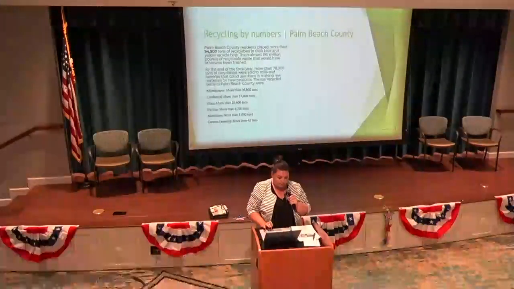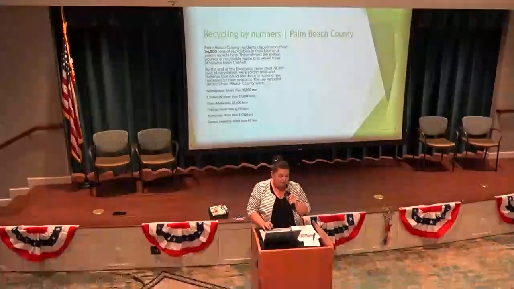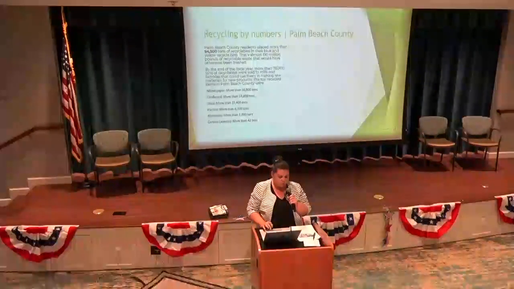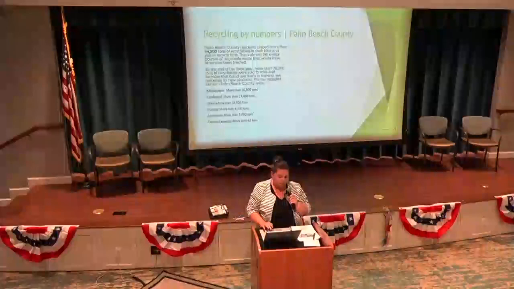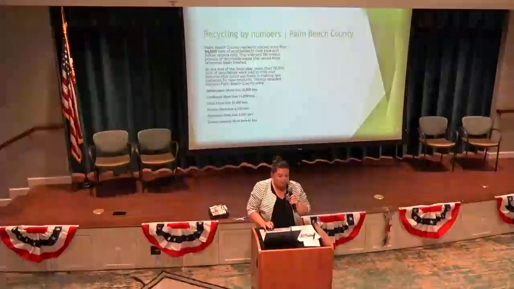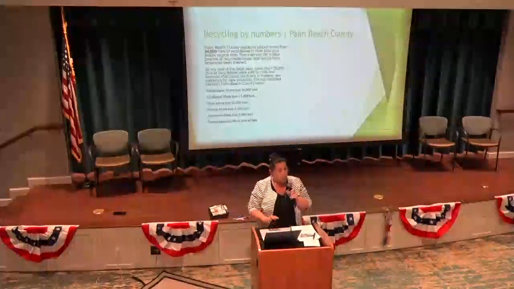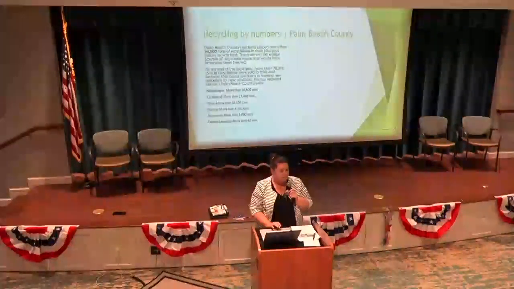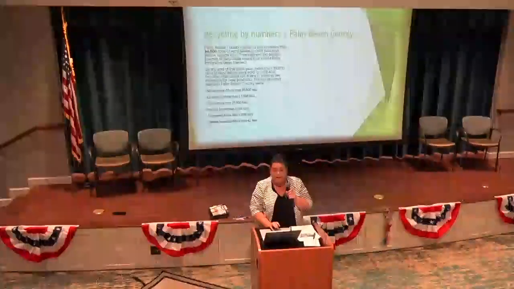And by the end of the fiscal year, more than 78,000 tons of recyclables were sold to mills, factories that could use them in making raw materials and making new products. The top recycled items in the county were the following. Mixed paper. Do we know what is mixed paper? Mail. That is correct.